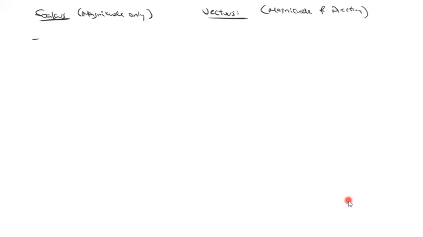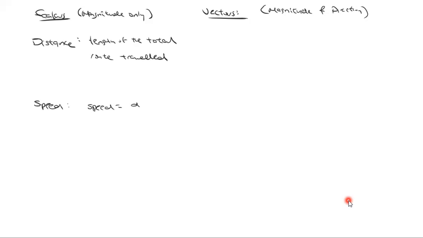Now, scalars, for the purposes of kinematics, you focus on distance and speed. As a quick review, distance is just the length of the total route traveled. Doesn't matter if you go backwards, you keep adding. And speed is just defined as distance over time.